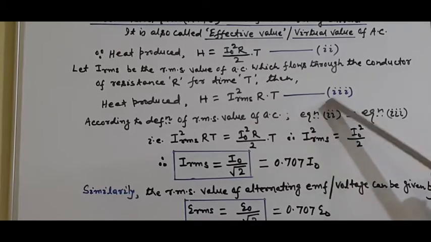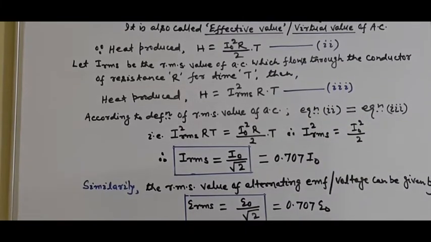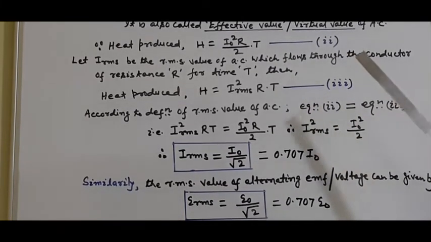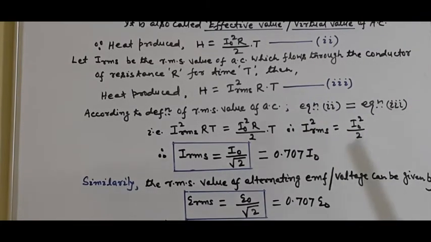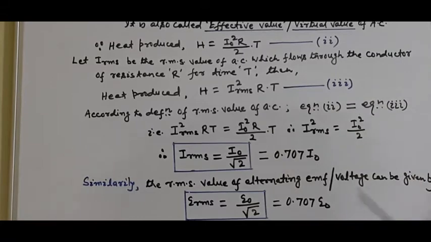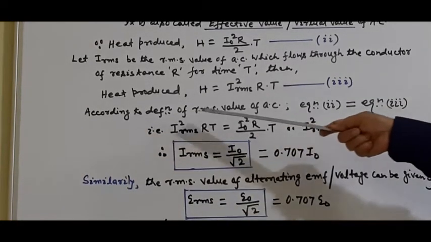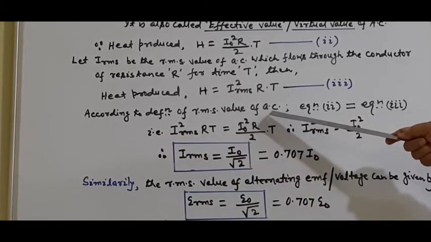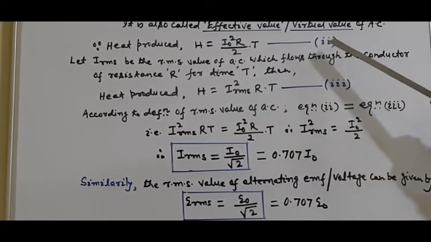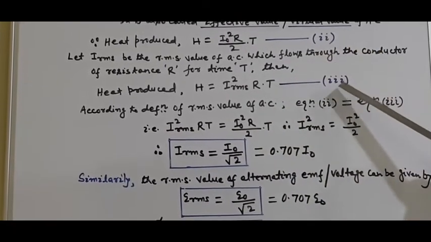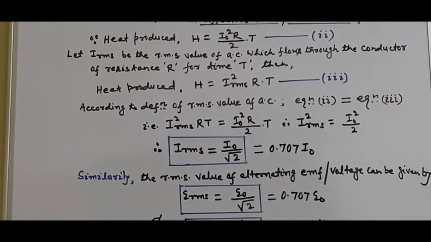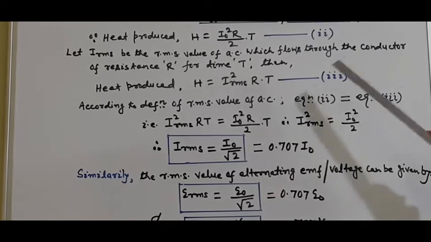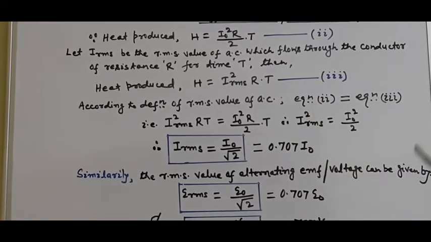Put equation number 3. So heat produced in the conductor we have calculated by the alternating current, and heat produced in the conductor calculated by the RMS value of the current. Now according to the definition of RMS value of AC, equation 2 must equal equation number 3, because the definition says the heat produced in the conductor by the alternating current and by the RMS value will be the same.